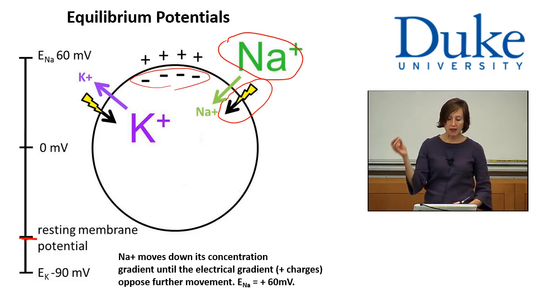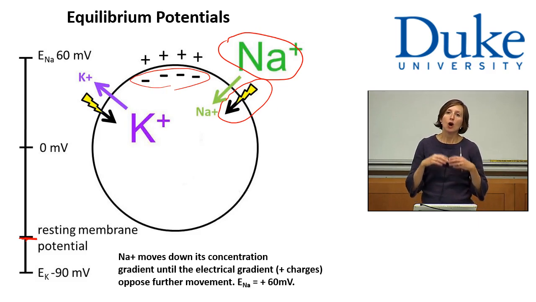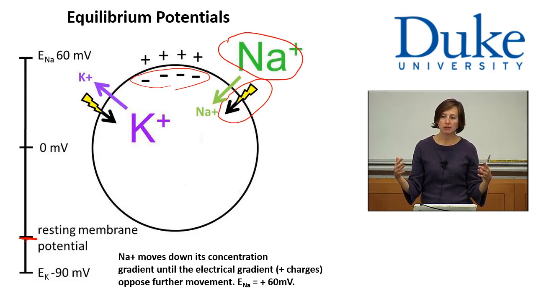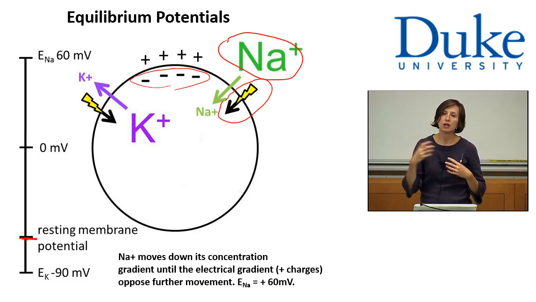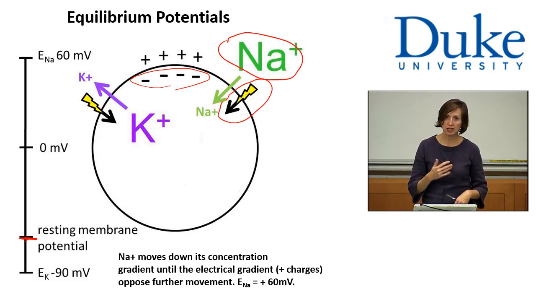And so that means that if we open sodium channels and let sodium keep entering the cell, the chemical gradient is going to have sodium come in, and the electrical, until finally the inside of the cell is so positive that now sodium does not want to enter the cell because of the electrical gradient. It wants to leave.